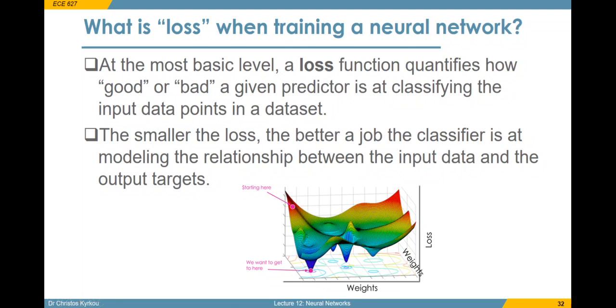The catch, however, is that during this process of traversing the loss function, we don't want to fall into one of the other minimums. If we fall into that, maybe we cannot escape by changing the weights. So this is basically the game we're playing when training a neural network.